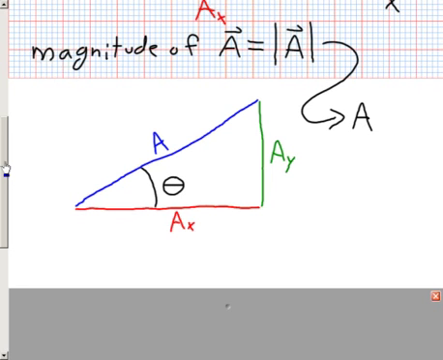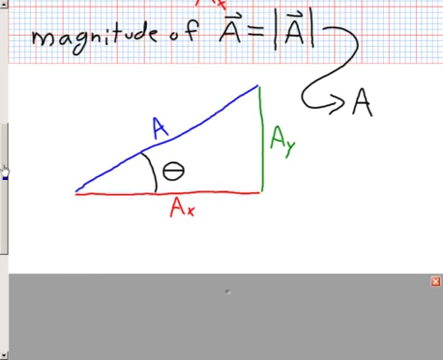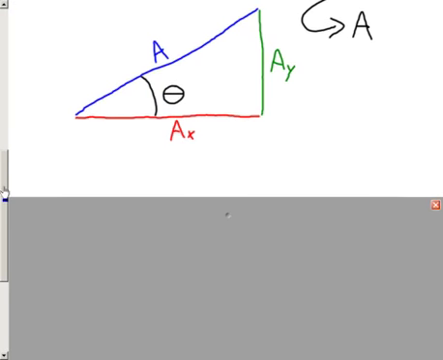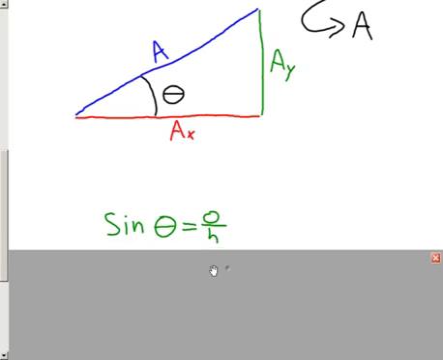Okay? So now comes the part you're going to hate. I'm sorry about that. Does anybody remember SOHCAHTOA? Ah, I can hear the screams from here. The sine of theta, by definition, is the opposite side divided by the hypotenuse of the angle.